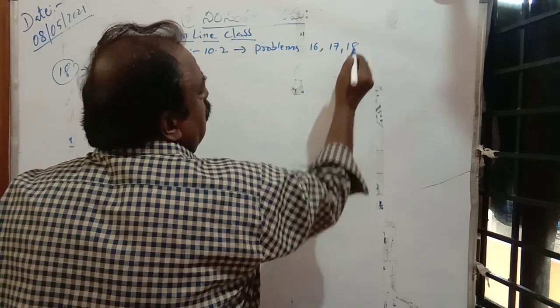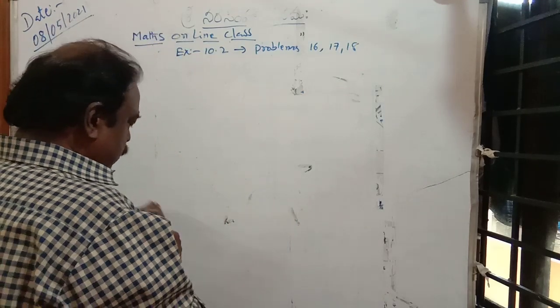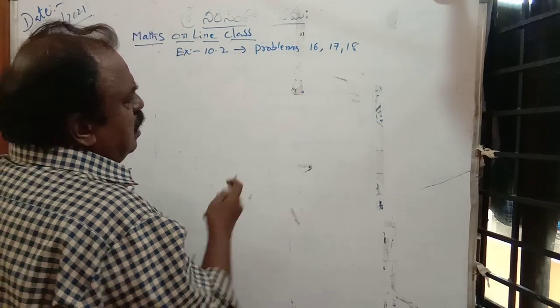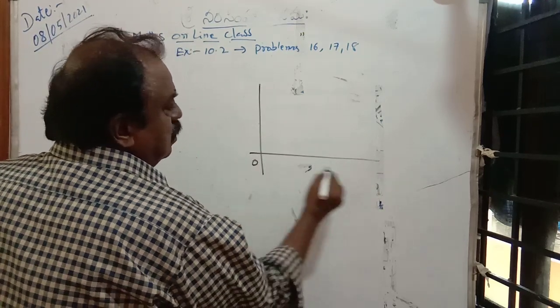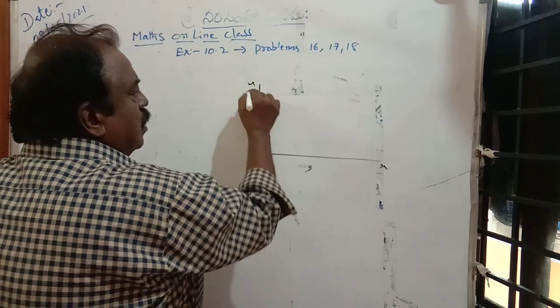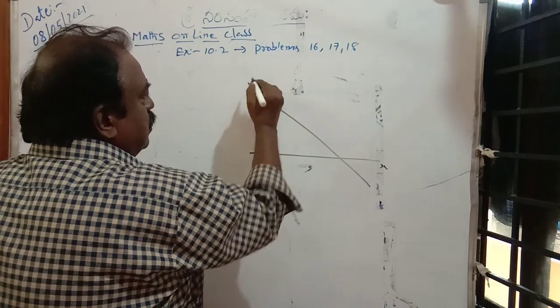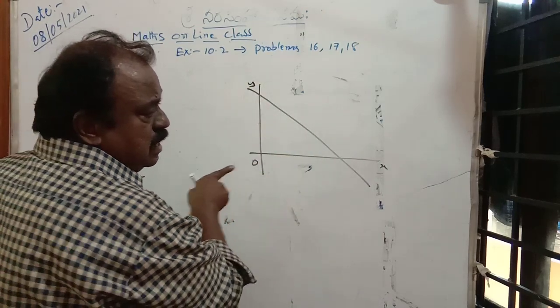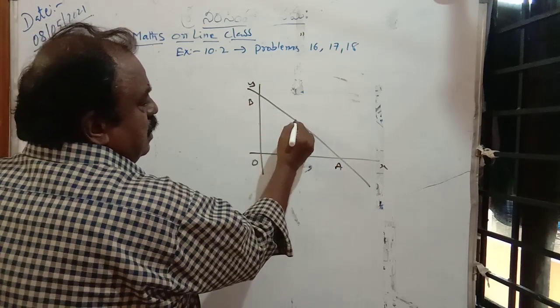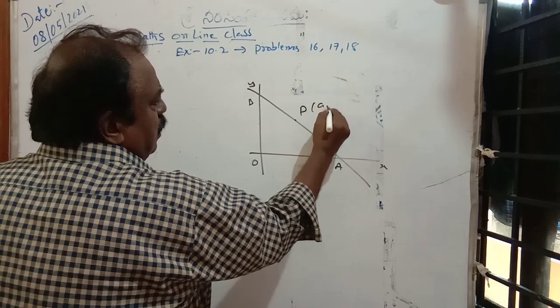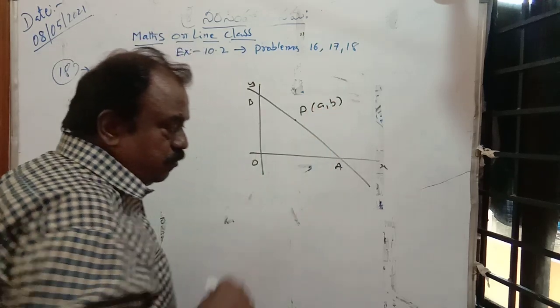Okay, now you see the line is like this. It is a line. The line is intercepted by the axes at A and B. Then the midpoint of AB is small a comma b.